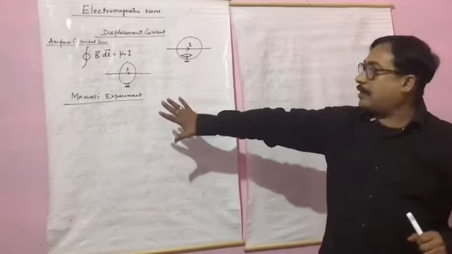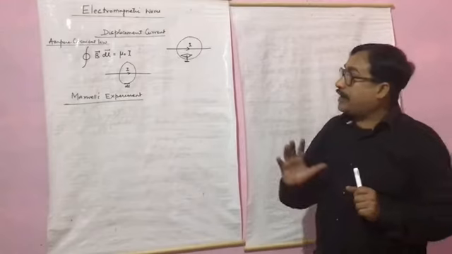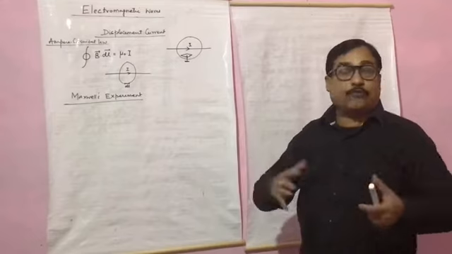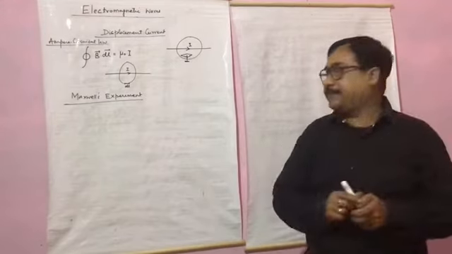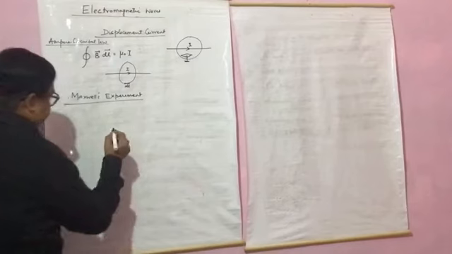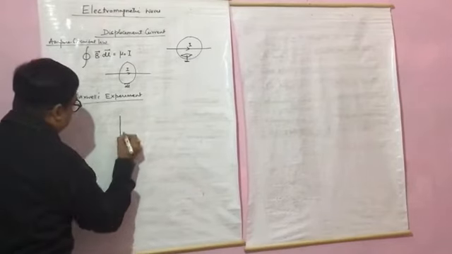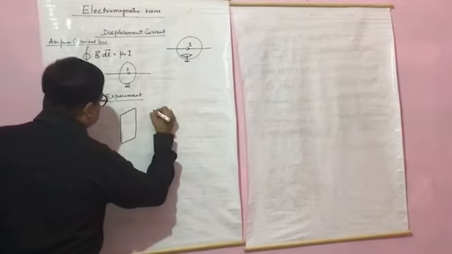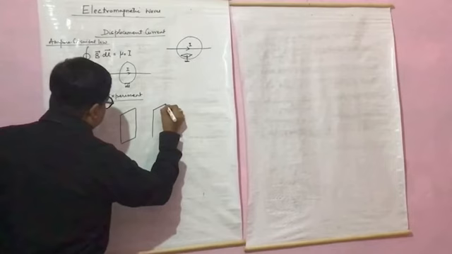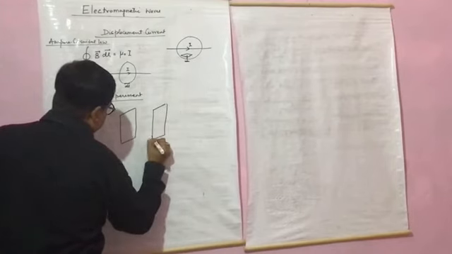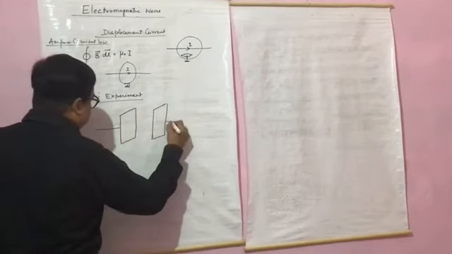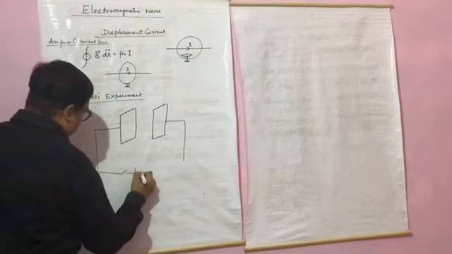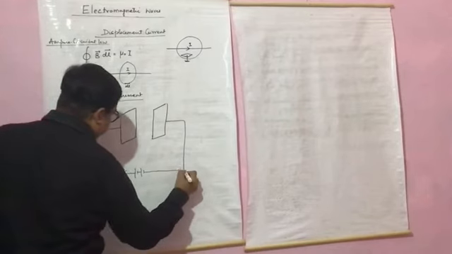Now come to Maxwell's experiment once again, and what actually surprised Maxwell when he wanted to apply Ampere's circuital law to this particular experiment. He took a parallel plate capacitor, with the two plates connected by a source of potential difference, that is a cell.